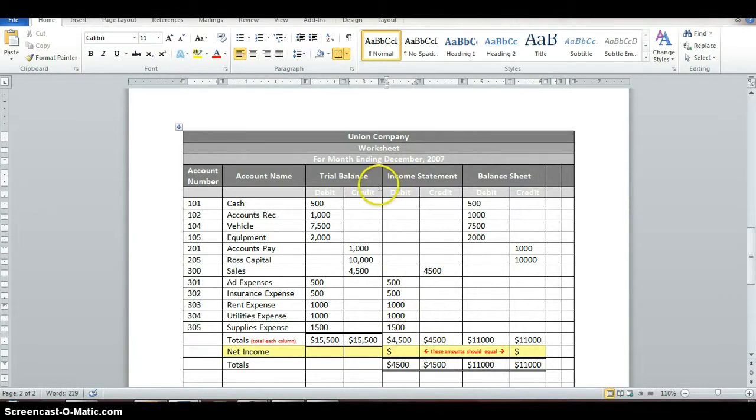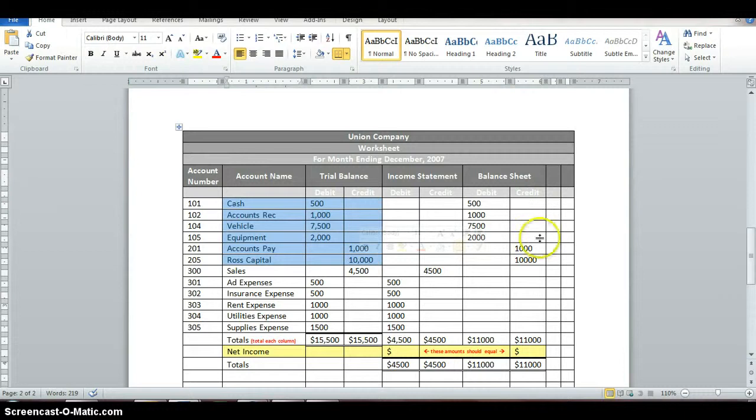Okay, that's the only addition so far to this worksheet that we're looking at. So we copied all of our, again, our revenue and expense balances into our income statement columns. And we copied the rest of our account balances over into our balance sheet column.